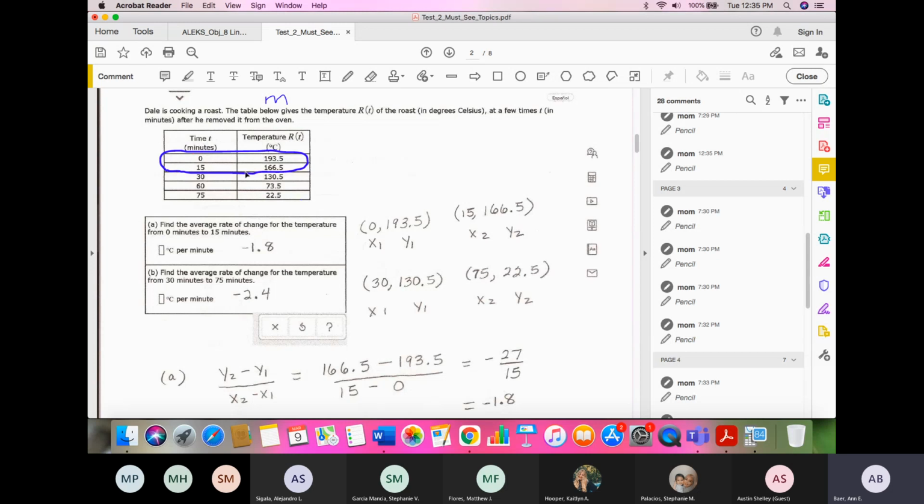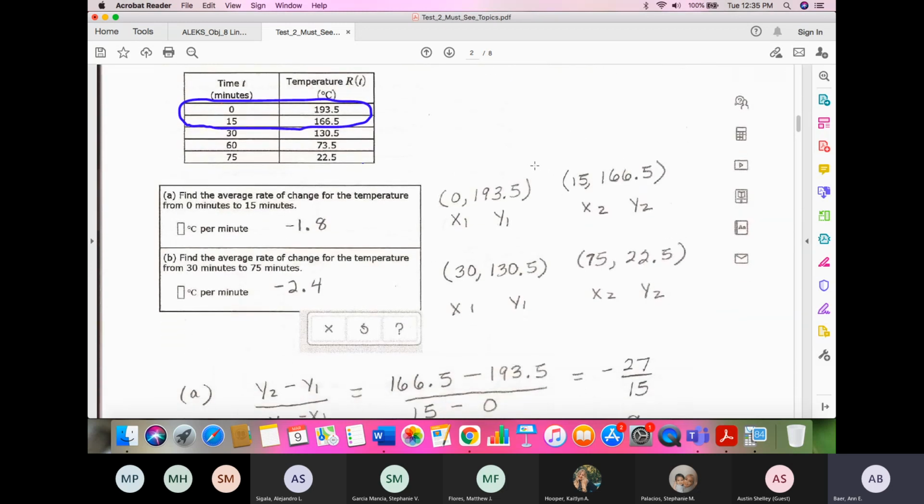These are their corresponding y's. So I wrote down the two ordered pairs: (0, 193.5) right here, and (15, 166.5) right here.